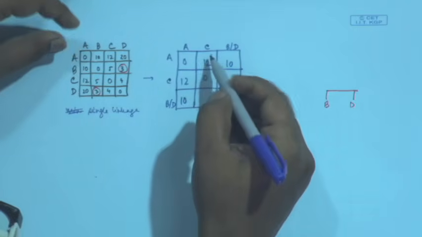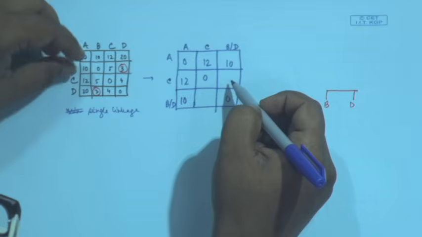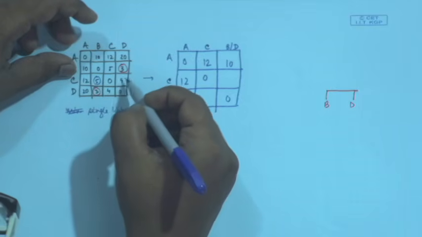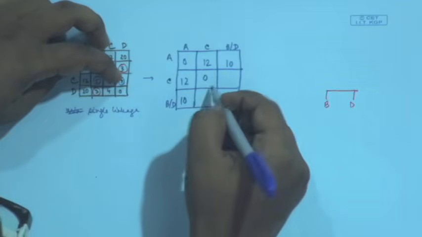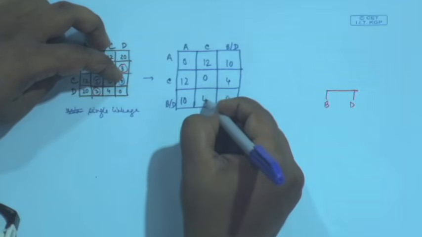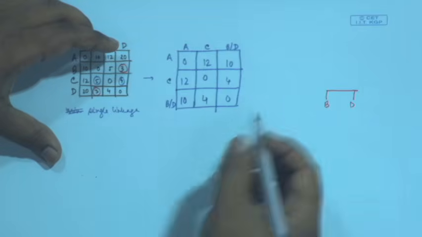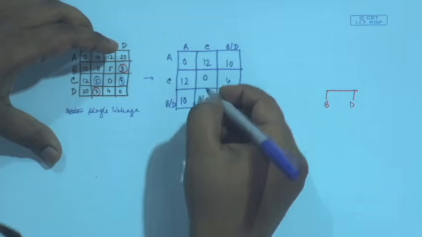The distance from C to B or D is again the minimum of the two. The distance from C to B is 5, C to D is 4. So, the distance to the cluster is going to be 4. We are putting it here. Now, in this matrix, let us find the two closest clusters, which is 4.